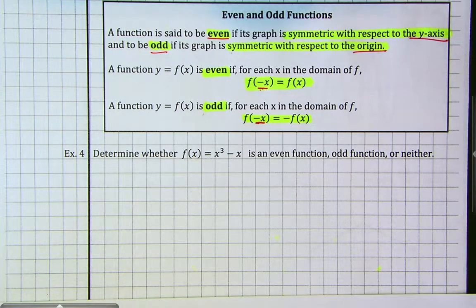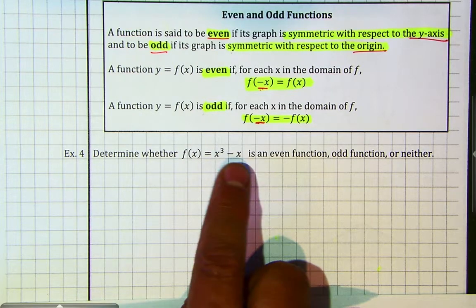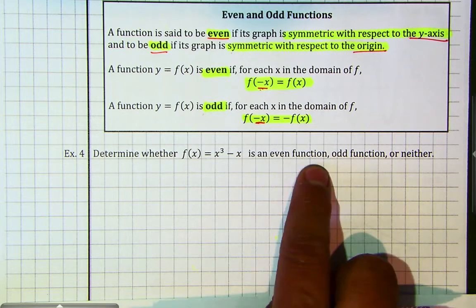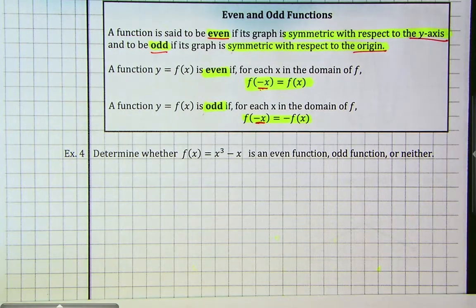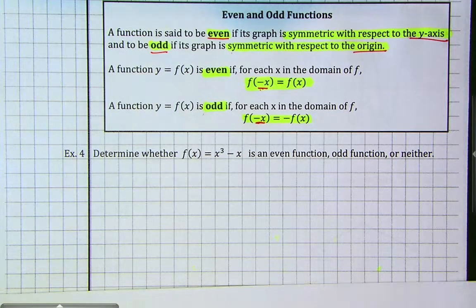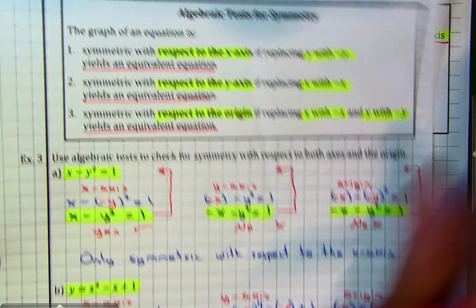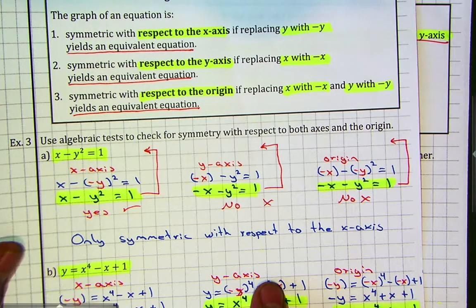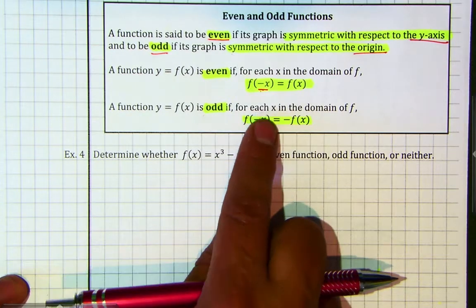So determine whether the function f of x equals x to the third minus x is an even function, odd function, or neither. One way to do this is to substitute this with a y and then go through a process that we did here. But actually, we need to be more comfortable with the function notation.